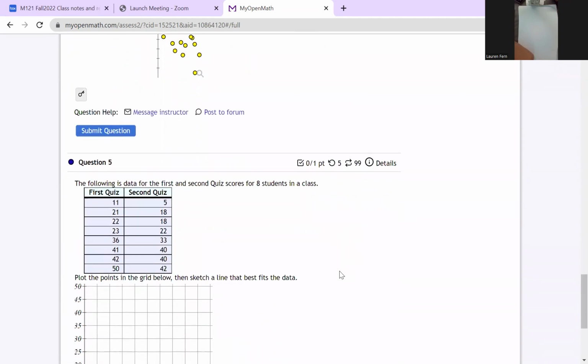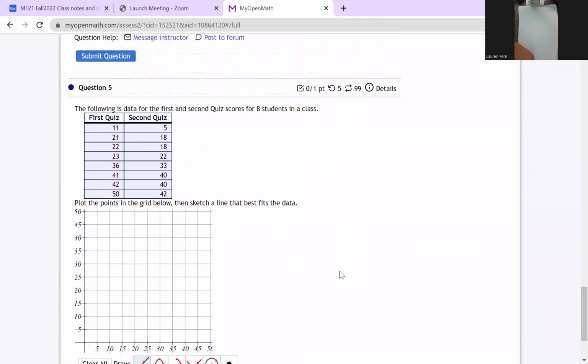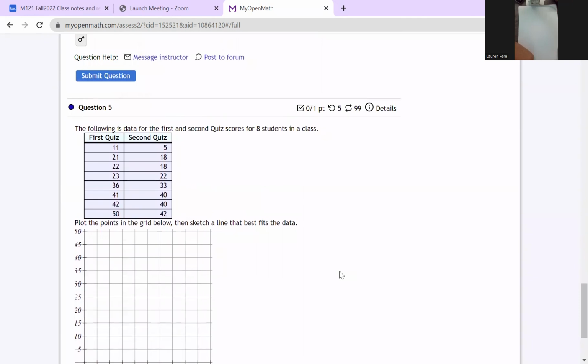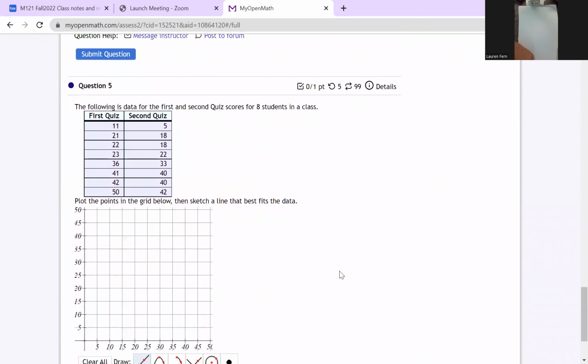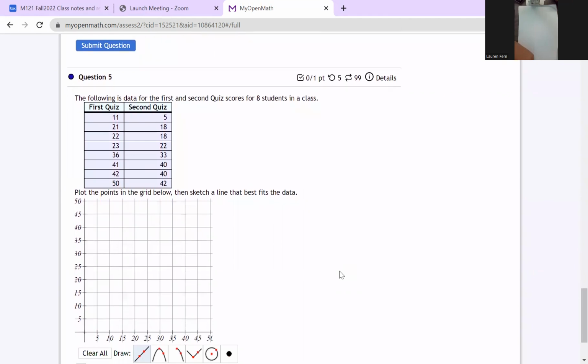Okay. And last but not least, nothing to compute here. What they want you to do is just plot the points and then find a line that best fits the data. So for example, if we wanted to plot the points, the ordered pair 11, 5, well, my x-axis is my first quiz, my y-axis is my second quiz. So here's 11 and here's 5.